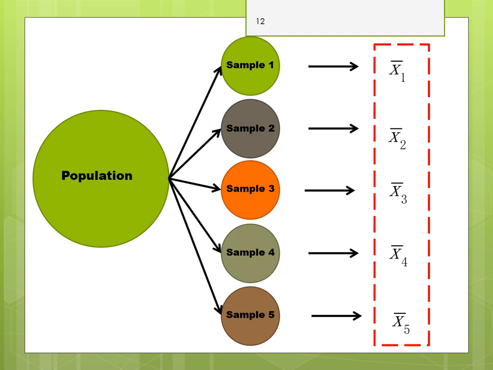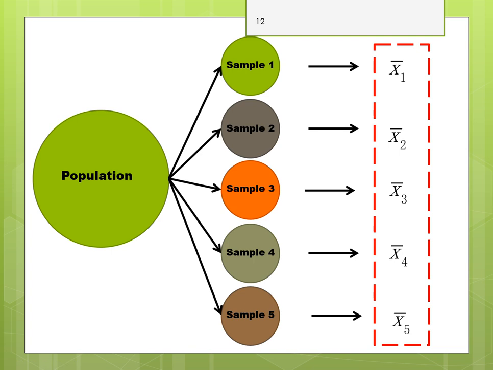We choose 20 individuals from the population, and this group is sample 1. With the data of sample 1, we can figure out the sample mean, and we use X bar 1 to represent the sample mean of sample 1. Okay, so this is the first time.